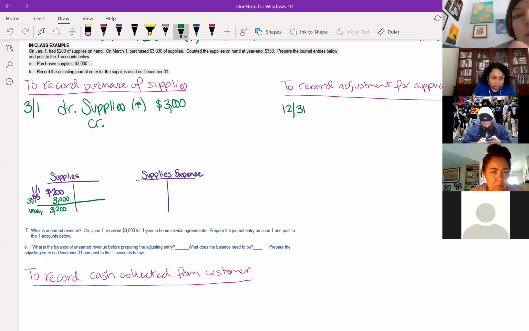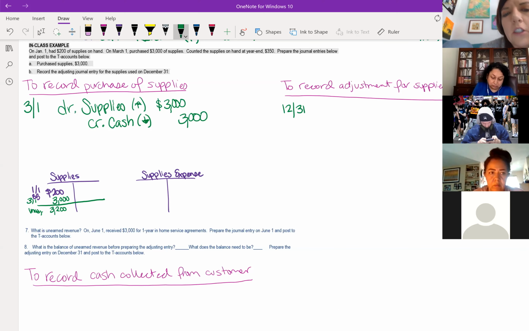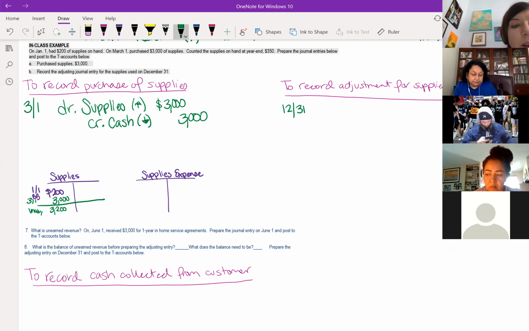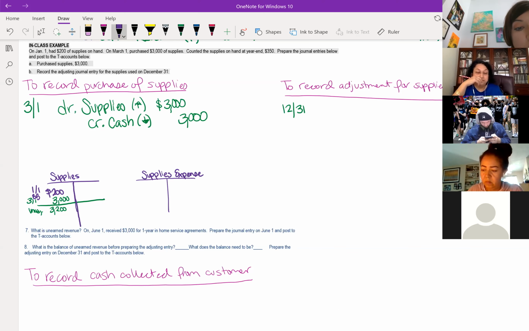And how did they pay for those supplies? Cash. Didn't say on account, so we're assuming it's cash. And cash is decreased for $3,000. On December 31st, they counted the supplies on hand at year end, and they had $350 worth of supplies left. So we know that they used a good portion of their supplies, right?